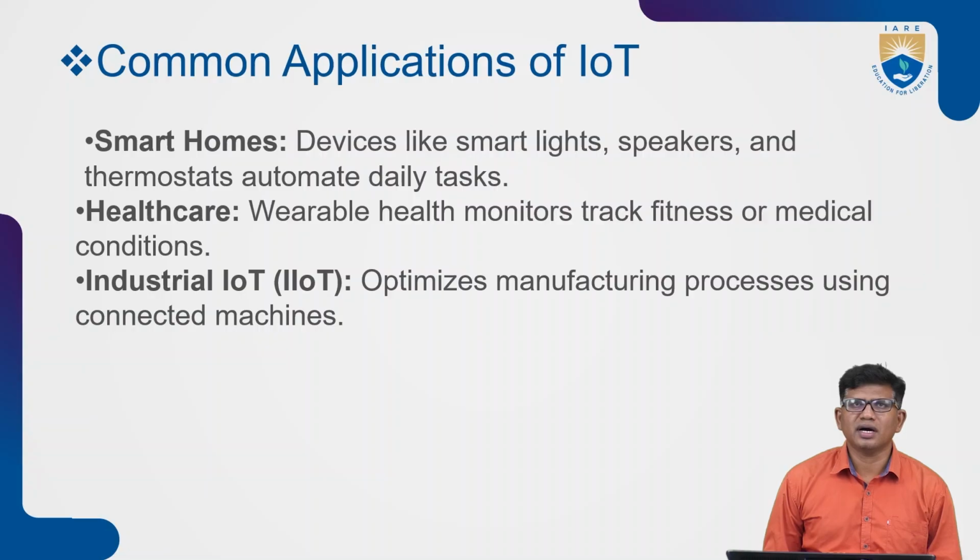Here the heartbeat and body temperature are tracked, and various apps are developed. So in a particular day, we can cross check how many calories we have burned. And the industrial IoT system optimizes the manufacturing process using connected machines.